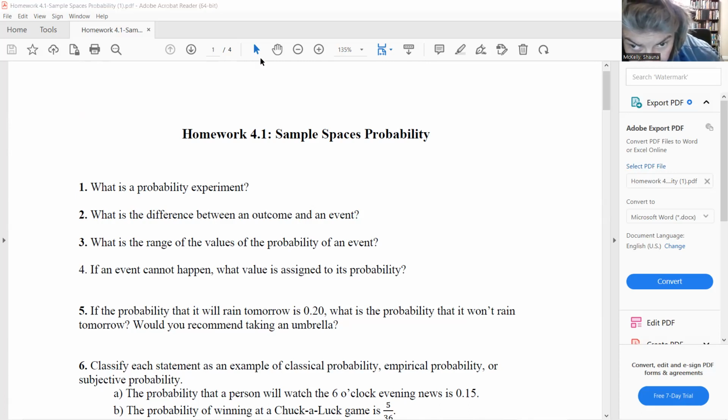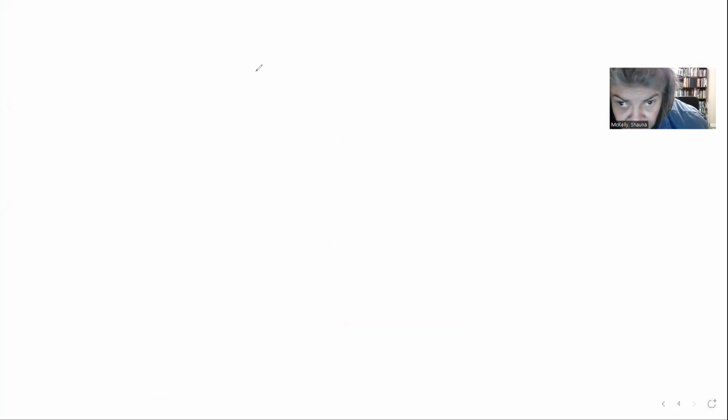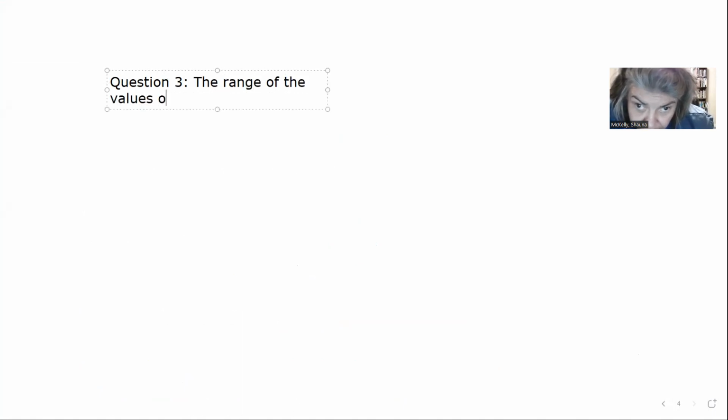Okay, so here you would say question 3, okay? This is question 3 on the homework. The range of the values of the probability of an event is, and you can write the statement if you'd like.